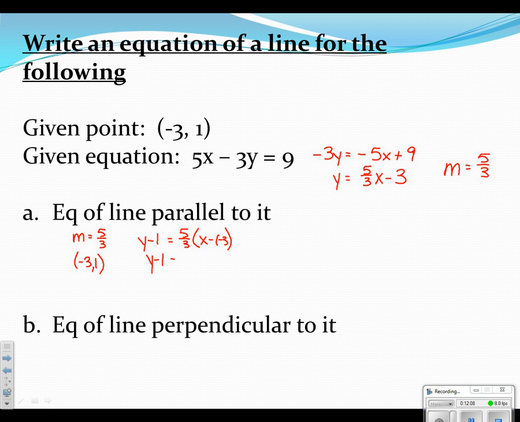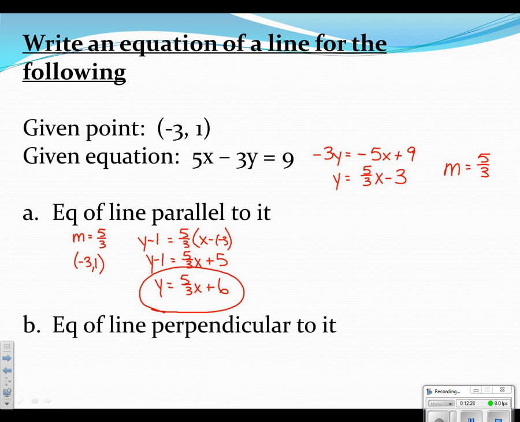So y minus 1 is equal to 5/3 x plus 5. Move the 1 over. y is equal to 5/3 x plus 6. There's an equation of a line parallel to the one that we were given.